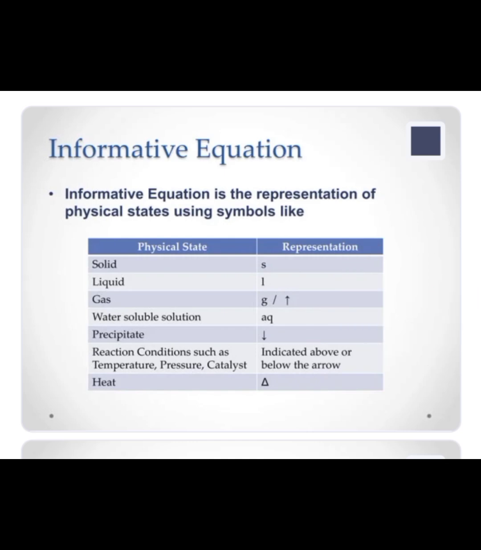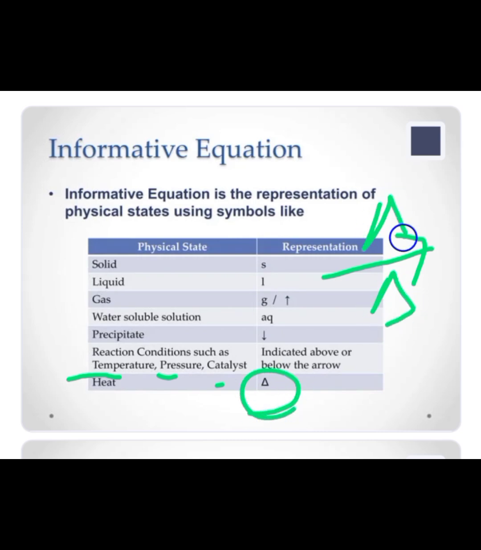Next is reaction conditions. Reaction conditions like temperature, pressure, catalyst. These can be indicated above the arrow or below the arrow. Sometimes for heat we are using the symbol delta above the arrow or sometimes below the arrow.